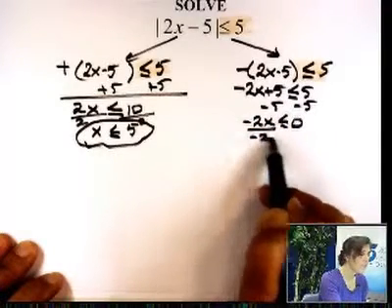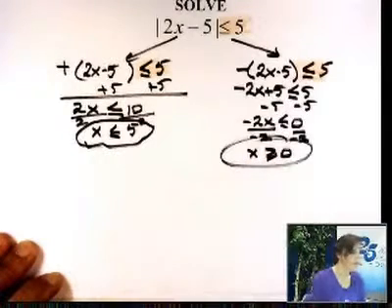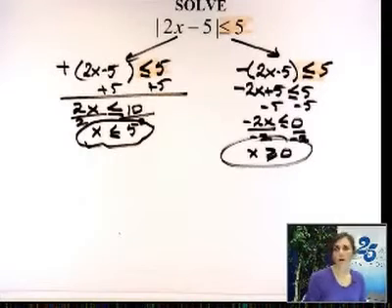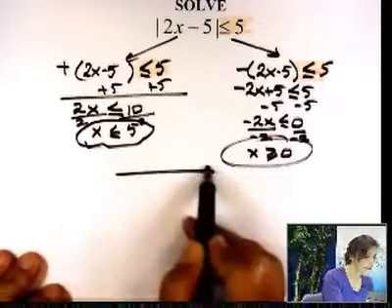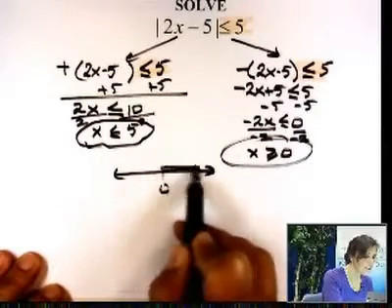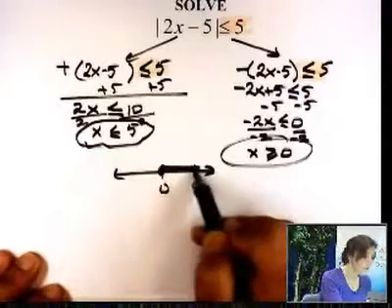Divide by negative 2. Less than or equal to 5, greater than or equal to 0. How are you going to show that? Here's 0, here's 5. It's sandwiched. Since this has an equal, that means it's going to be black dot, black dot.